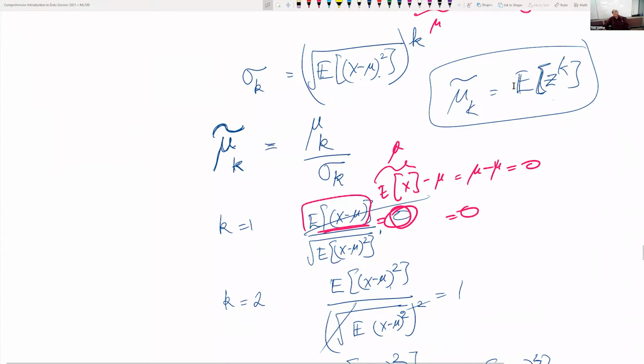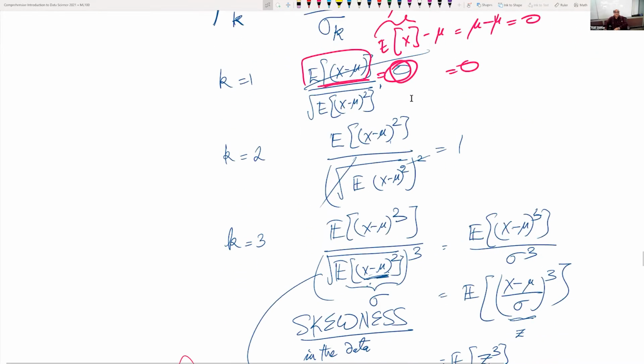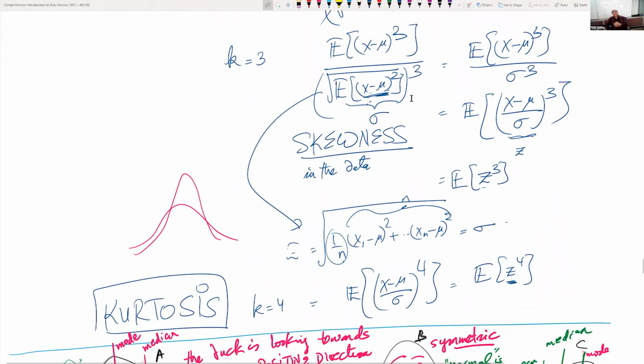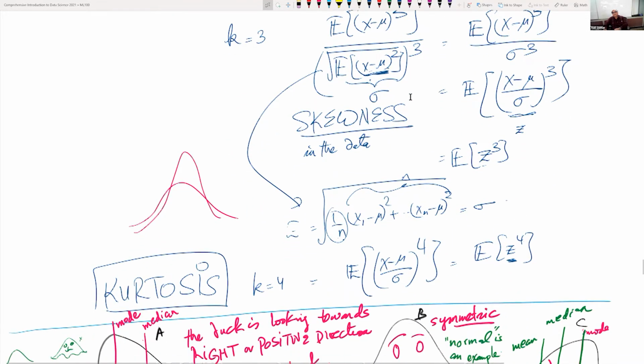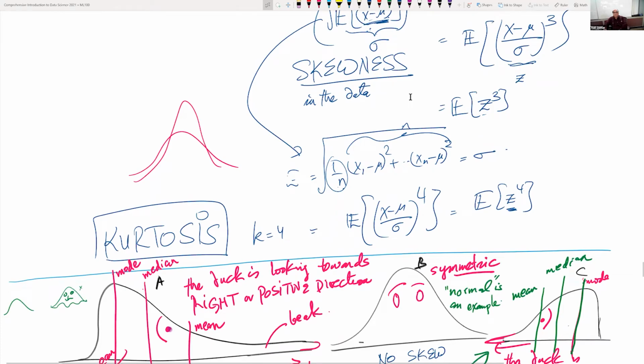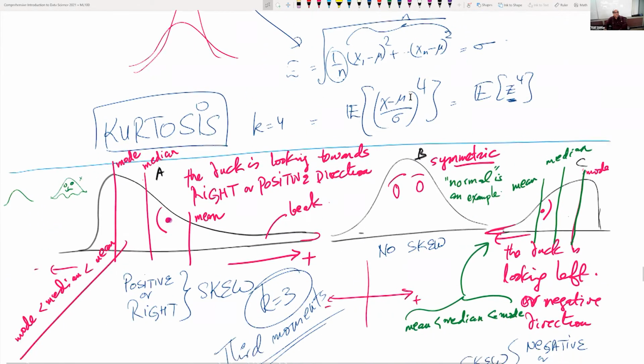And if you take its expectation value, meaning the average over the data, you will get the moments. It turns out that the first moment is 0, the second moment would be 1, the third moment is skew, and the fourth moment is kurtosis. So we took a little bit of a mathematical digression just to show that there's a very elegant formulation, but it is all basic high school algebra, nothing fancy here.